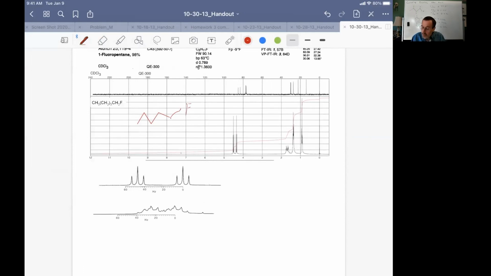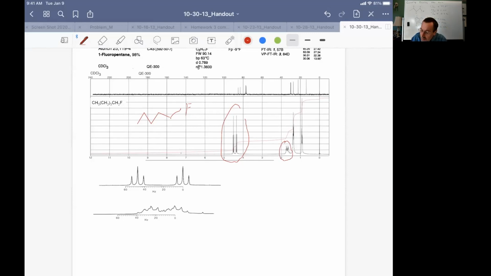If we look, the first thing we notice over here is there's a pair of triplets. And if you didn't know there was a fluorine in the molecule, you might say, oh, there's 2 triplets. Look how much they look alike. And maybe the second thing you'd notice over here is, wait a second, we also see a pair of twins over here. And you might start to realize something is up.